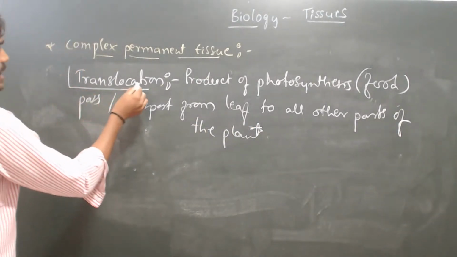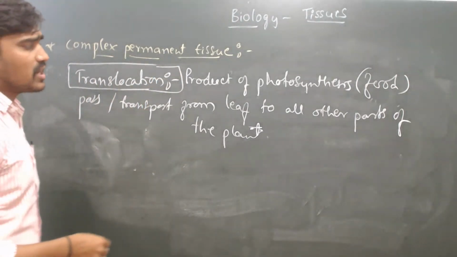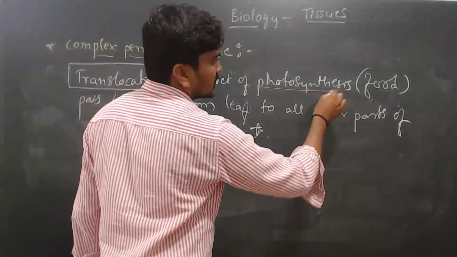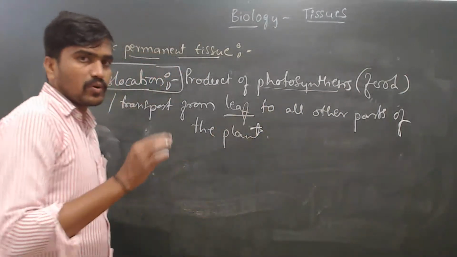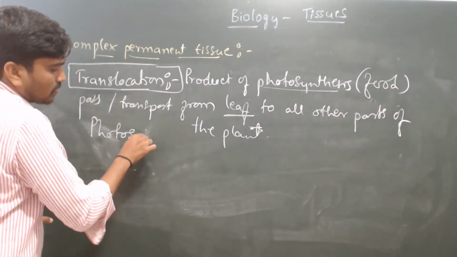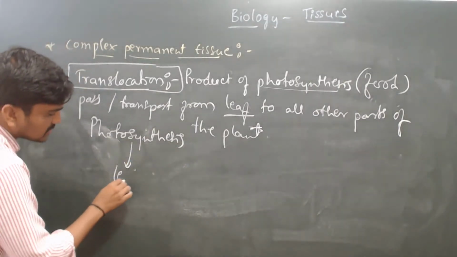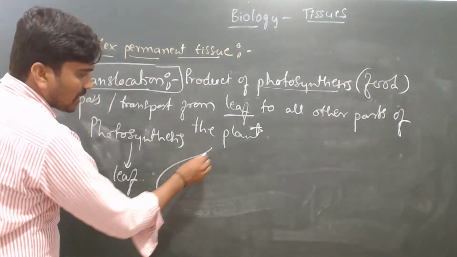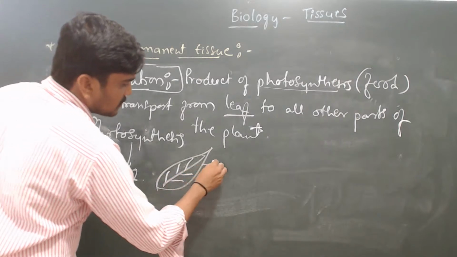This process is known as which one? Translocation. Product of photosynthesis means what? Product of photosynthesis is nothing but food. And why does it start only from the leaf? Because photosynthesis takes place in the leaf only. Why does it take place in the leaf? The leaf is in which color?